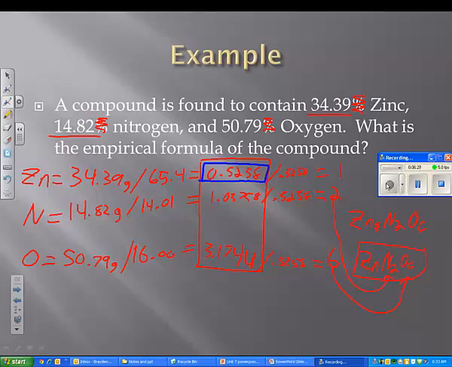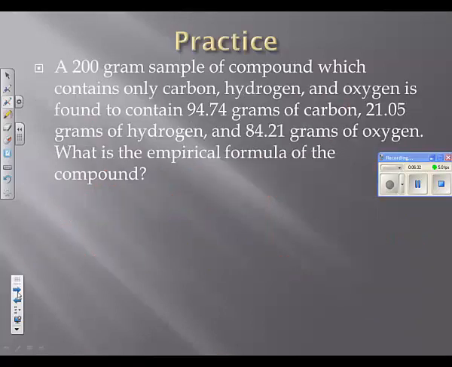Alright, let's go on to the next question. Now we have a 200-gram sample, which means first you've got to find the percentages. To find percentages, I teach you guys how to cross multiply and divide. Let's just start off like this. We'll start with carbon.